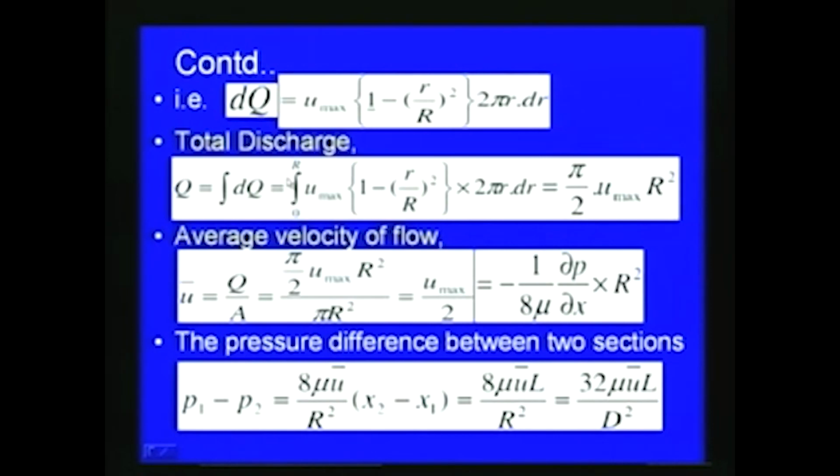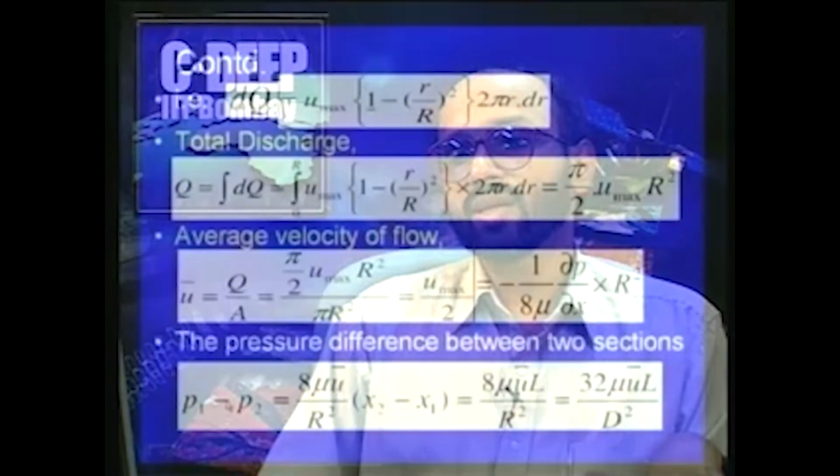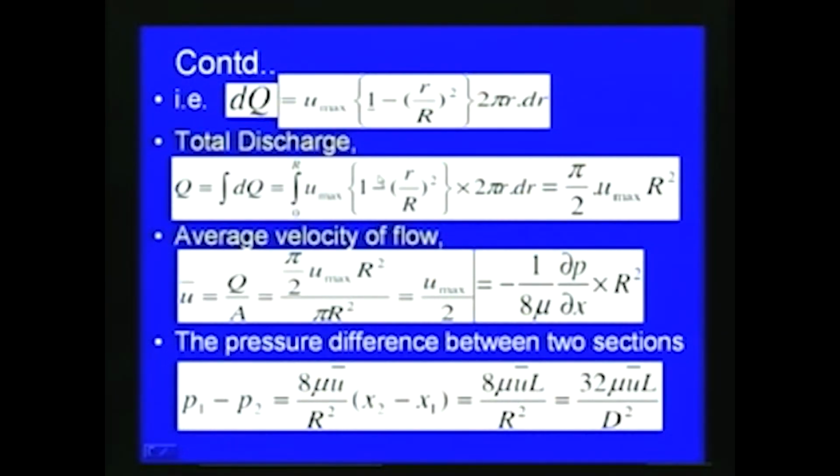Now we have found the velocity distribution, we got an expression for velocity, and then we derived an expression for the discharge. If you want to find out the pressure difference between 2 points, 2 sections, we can just use the equation. Since our earlier velocity equation is with respect to the pressure, we can write P1 minus P2 is equal to 8 mu u bar by R square into (x2 minus x1), that means the distance from one section to another section.